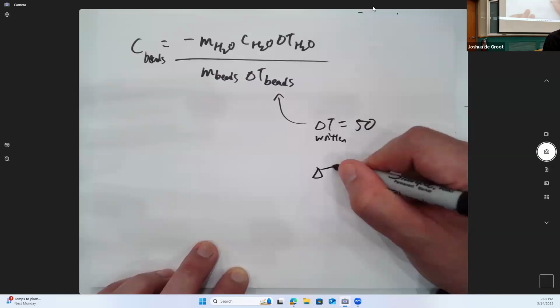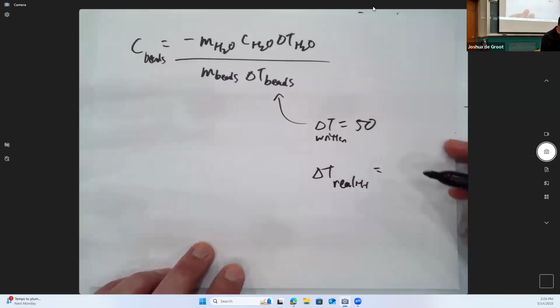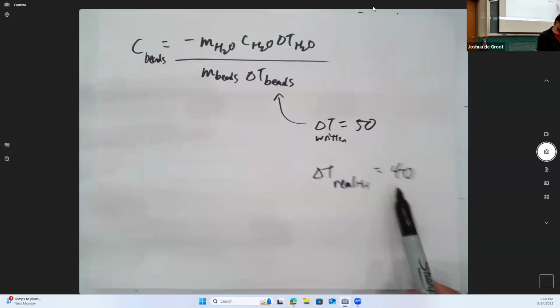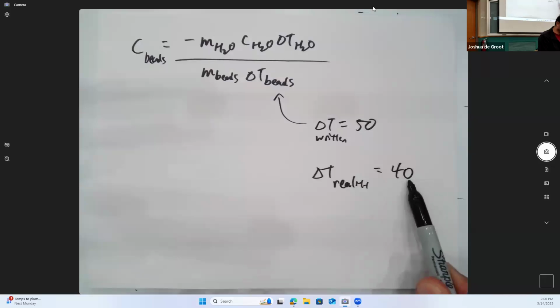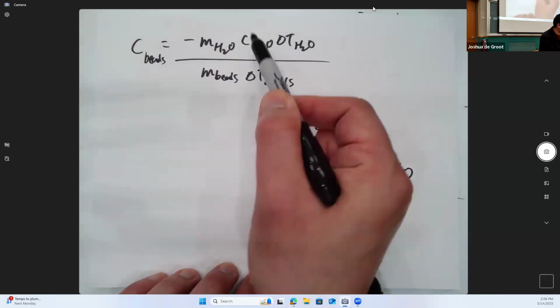Delta T reality could be like 45, or let's just say 40 as really extreme. It's not gonna be that bad, but you can see that in reality, that denominator should be smaller, and therefore we should get a bigger number because of that.